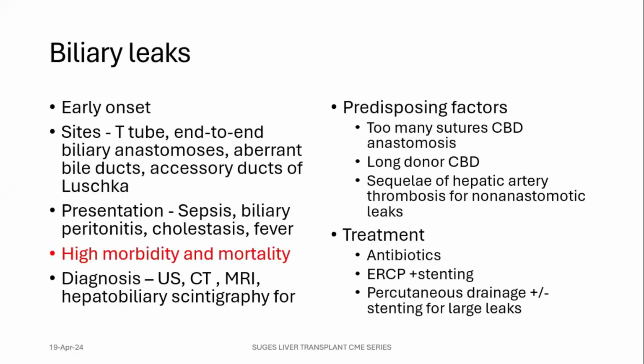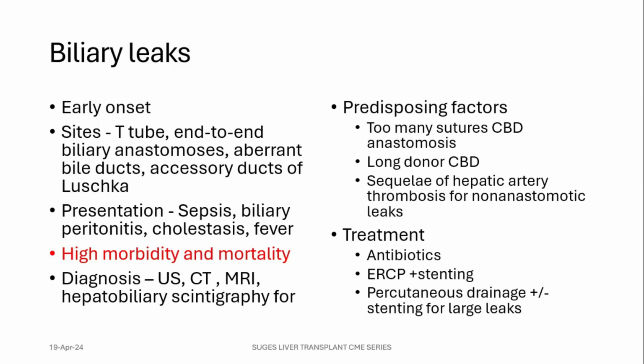Bile leaks. These tend to occur early, and they may occur at different sites. They may occur at the sites of T-tubes that are placed during the transplant. They may occur at the sites of the end-to-end biliary anastomosis, or they may occur from aberrant bile ducts or accessory ducts of Luschka within the gallbladder fossa bed of the liver.